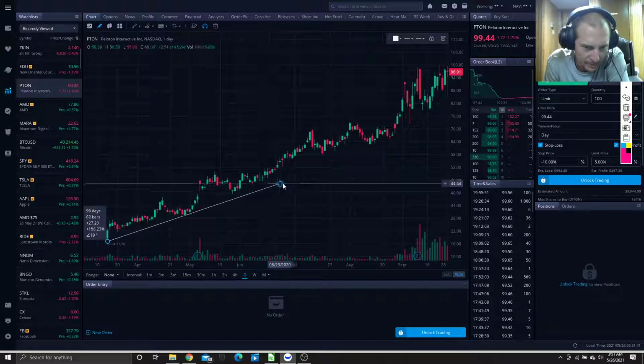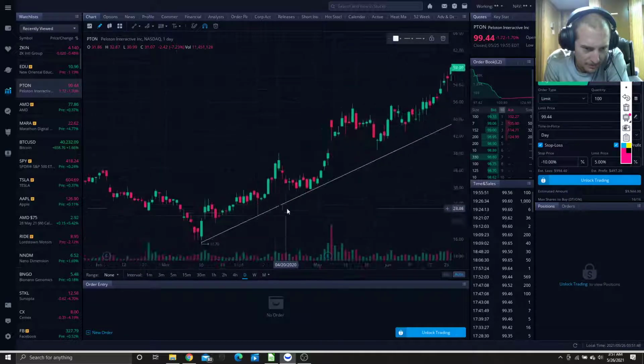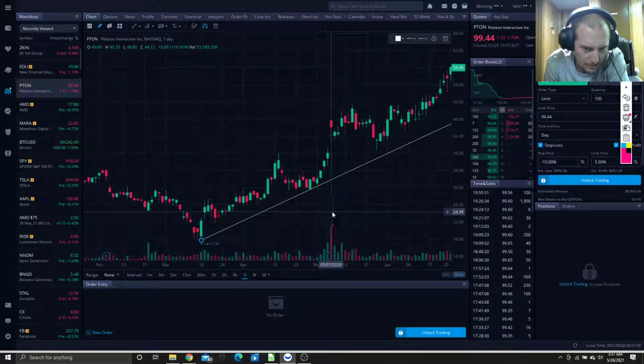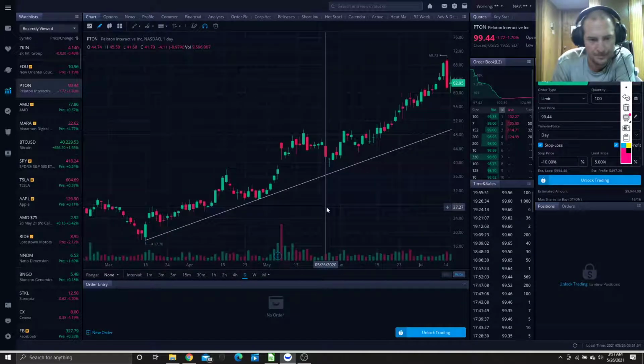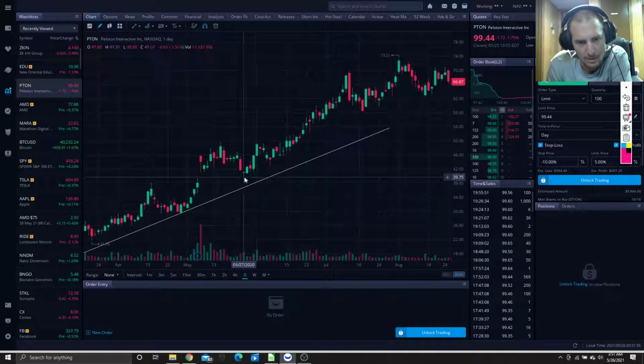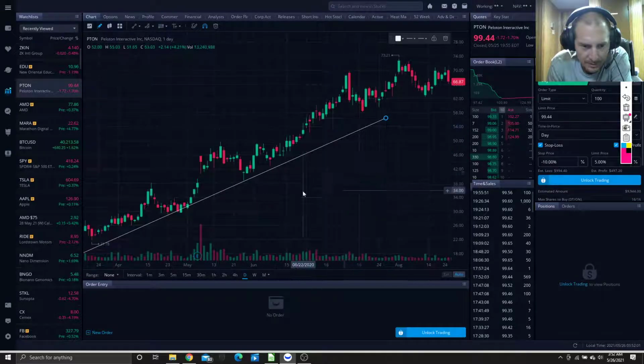See, now we've adjusted it here, and we're starting to get more touches of our trend line. See, we have 2 here. Price isn't quite bouncing off of that, so we can adjust it a bit more.